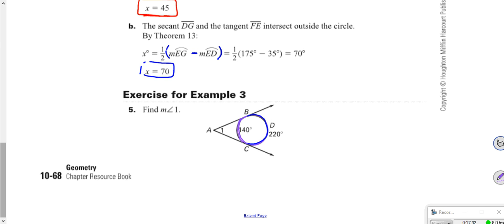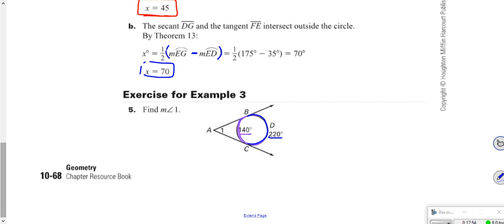Now, notice that those two arc measures, the 140 and the 220, add up to 360 because we're dealing with two tangents. So none of the circle is left, because they're tangents. The tangents are just going to touch the circle in one point.